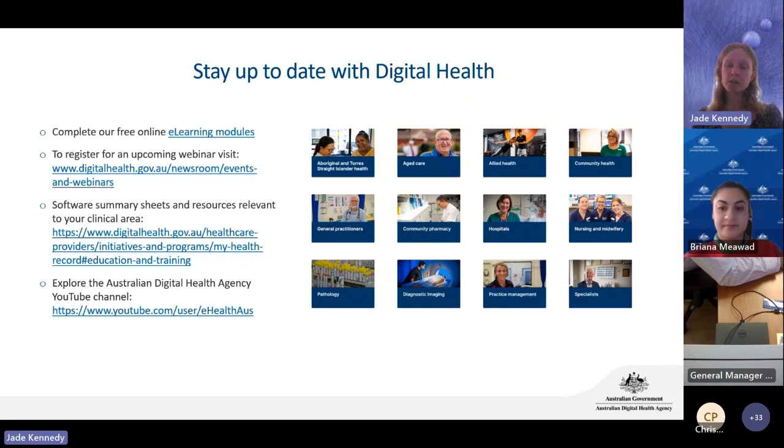We often see organisations where the RO might delegate to somebody at the organisation, and I would also expect that staff working at the organisation would probably be consulted in that process as well, given that they are going to be the people using the My Health Record system, and would probably have some input into the risks that the organisation might face and things like that.